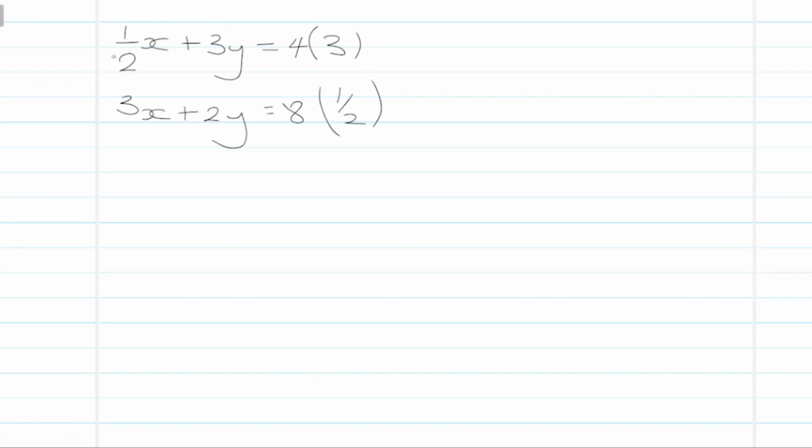So we say 3 times 1/2 x is 1.5x plus 3 times 3y is 9y is equals to 4 times 3 is 12, and we say 1/2 times 3 is 1.5x plus 1/2 times 2y is 1y is equals to 8 times half is 4.